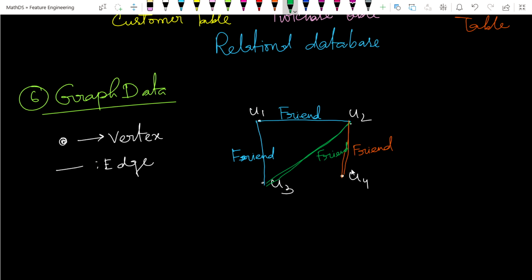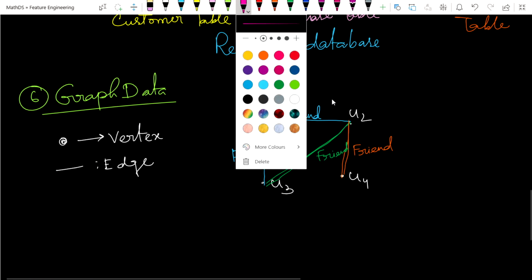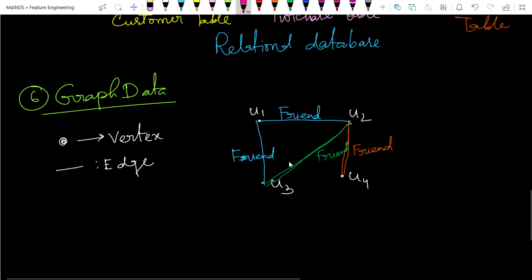Now the question is whether we can suggest that u4 may be friends with u3 or u1. Actually u4 is only a friend of u2, and is not a friend of u1 and u3. From this graph, can we suggest that u4 has some chance of being friends with u3 or u1?